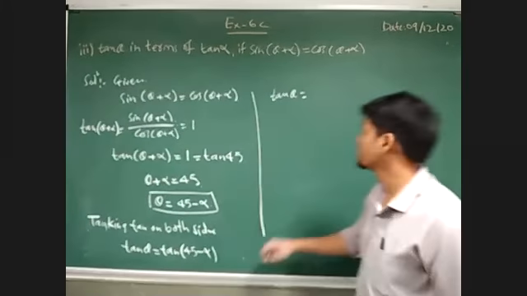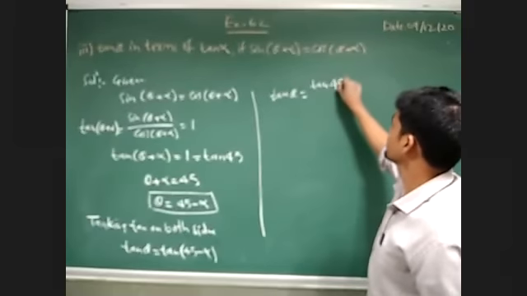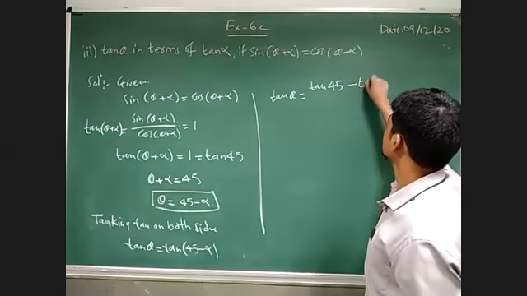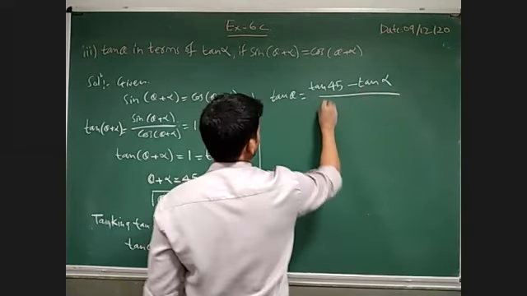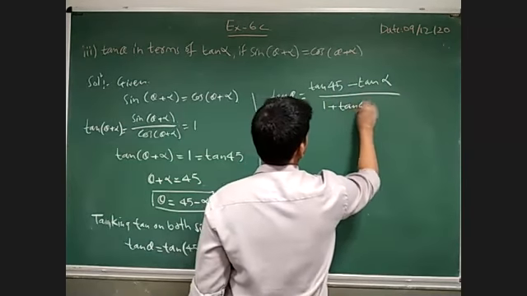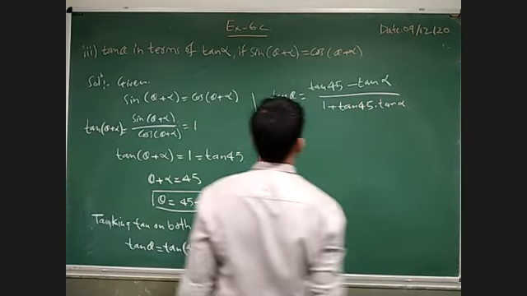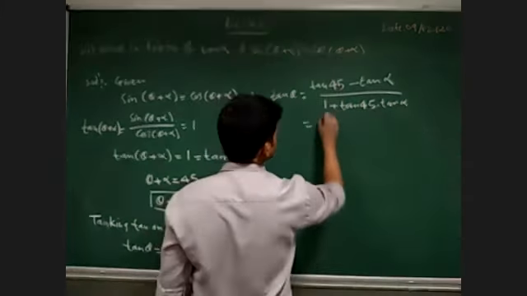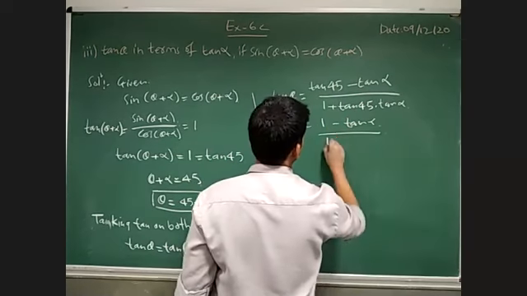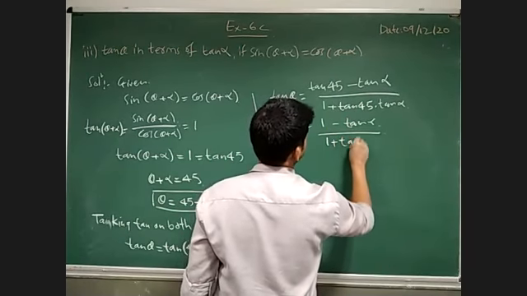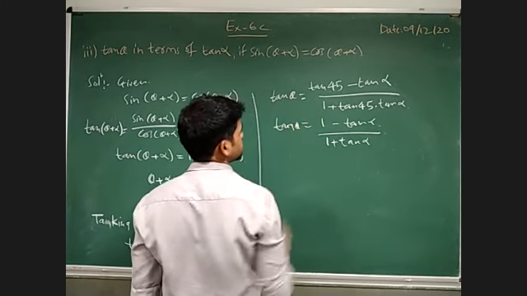So this will be tan 45 minus tan alpha over 1 plus tan 45 into tan alpha. Okay, now tan 45 is nothing but 1, so it is 1 minus tan alpha over 1 plus tan alpha.